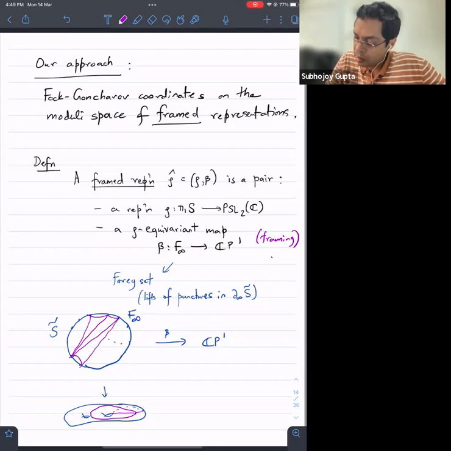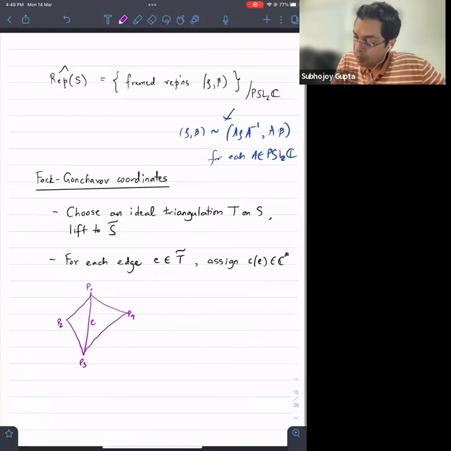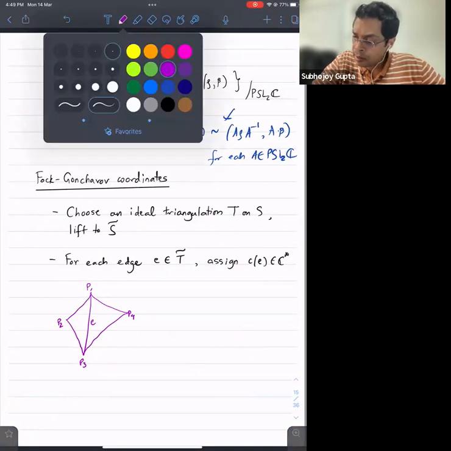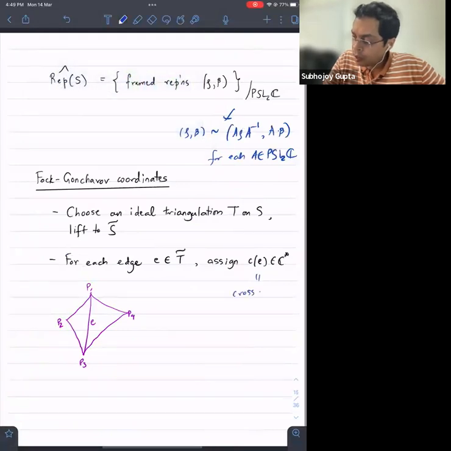And in the universal cover, for every edge, you can assign a complex number, and this is the Fock-Goncharov coordinate for that edge. This is just the cross ratio of the 4 points in CP1 that you get as the image of the framing of these ideal vertices of the two triangles adjacent to the edge, as I've pictured here.